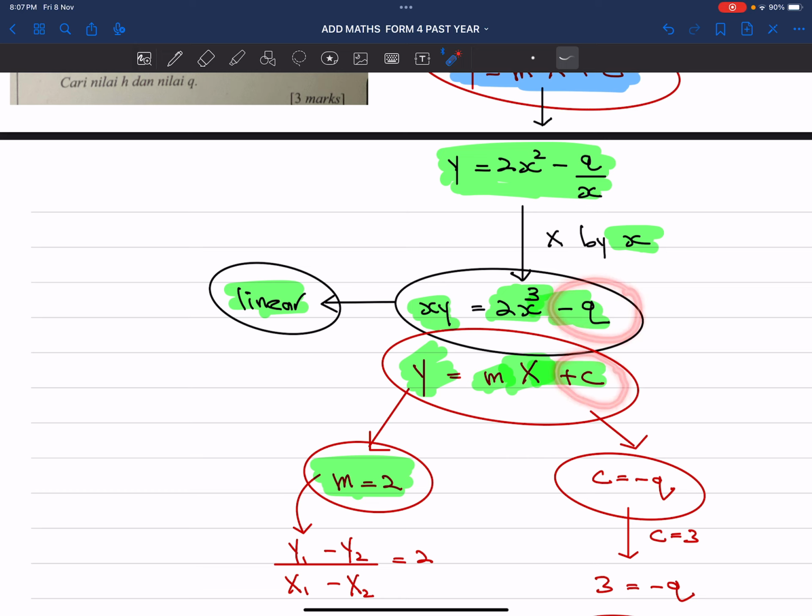Next, since we are given the gradient, we must use the gradient formula: capital Y1 minus capital Y2 over capital X1 minus capital X2. Keep in mind, this is not small y, small x.